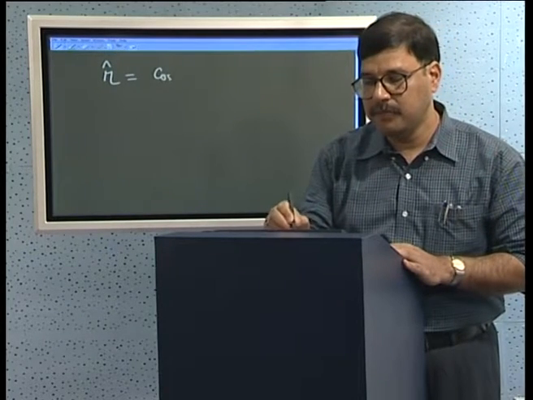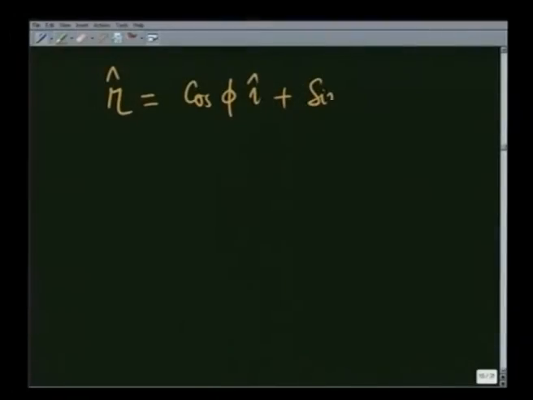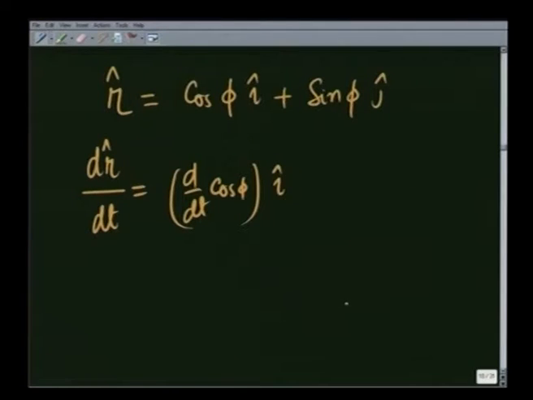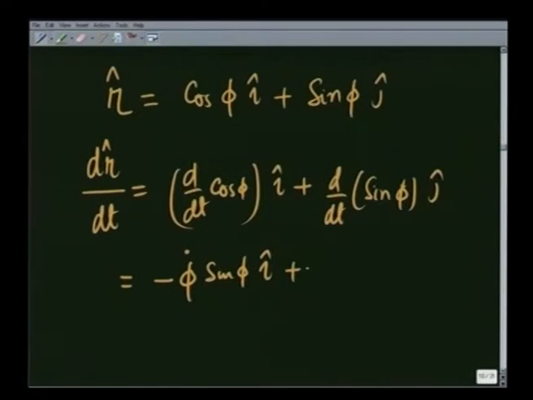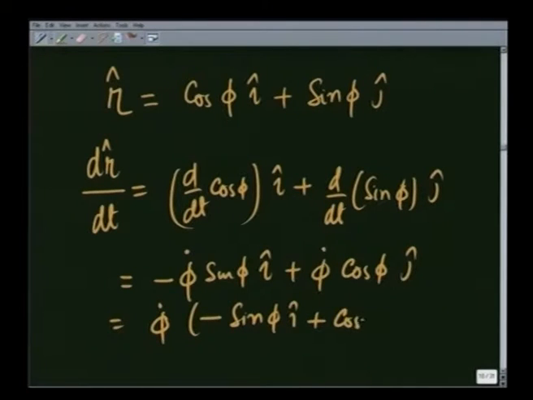Recall from an earlier slide that the unit vector r was written as cosine phi i plus sine phi j, and therefore, the rate of change of the unit vector, dr dt, is going to be equal to d over dt of cosine phi times i, the i unit vector being fixed so it is constant, plus d over dt of sine phi times j, and this comes out to be minus phi dot sine phi i plus phi dot cosine phi j, which is equal to phi dot times minus sine phi i plus cosine phi j, which is phi dot times unit vector phi.